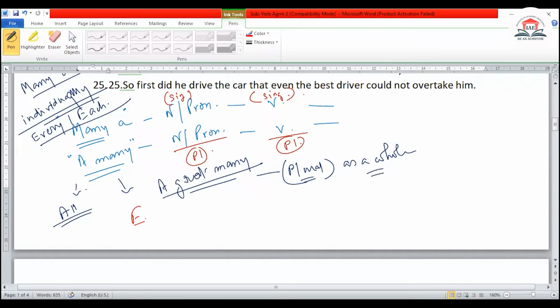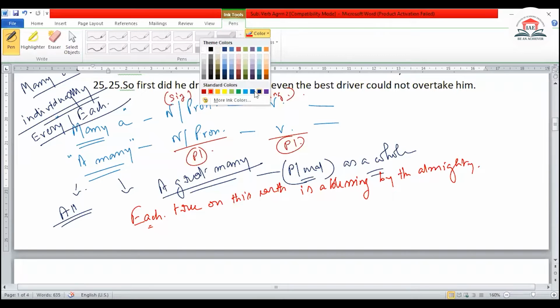When we say each, like if you say each tree on this earth is a blessing by the Almighty. Each tree on this earth is a blessing by the Almighty.